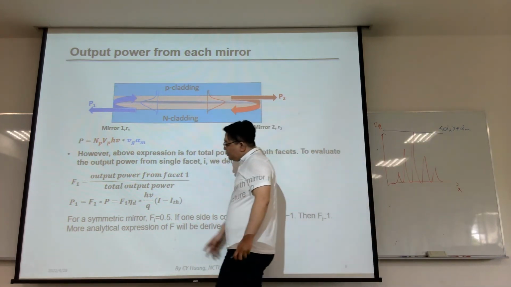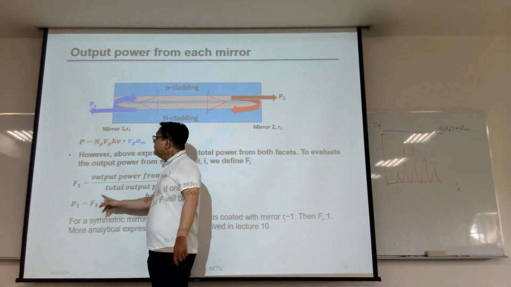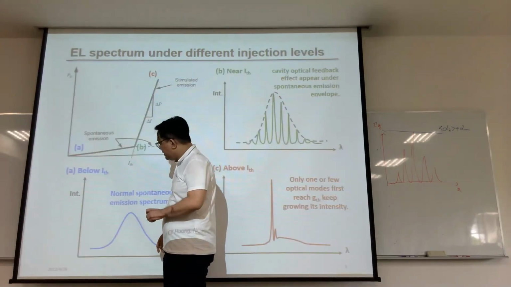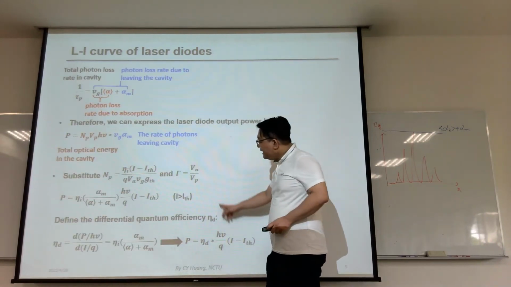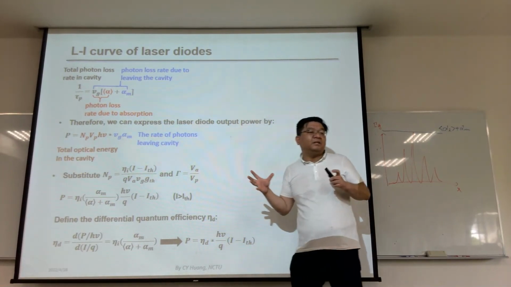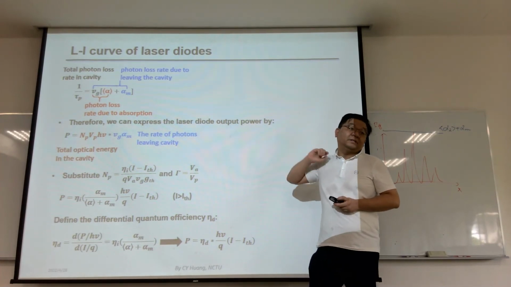Definitely you need to multiply by a fraction F1. While doing your calculation here, it only cares about the total energy leaving the cavity, but that doesn't tell you how it leaves, where it leaves.